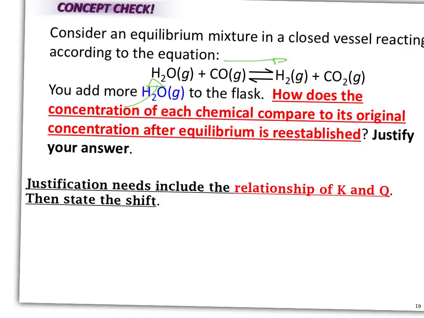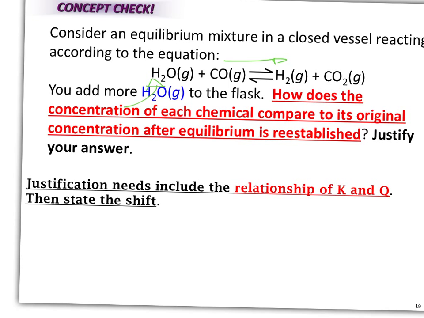So let's answer the red question at the top. How does the concentration of each chemical compare to the original concentration after equilibrium is reestablished? What will happen to the concentration of the reactants? They will decrease. What will happen to the concentration of the products? They will increase. Does that make sense?